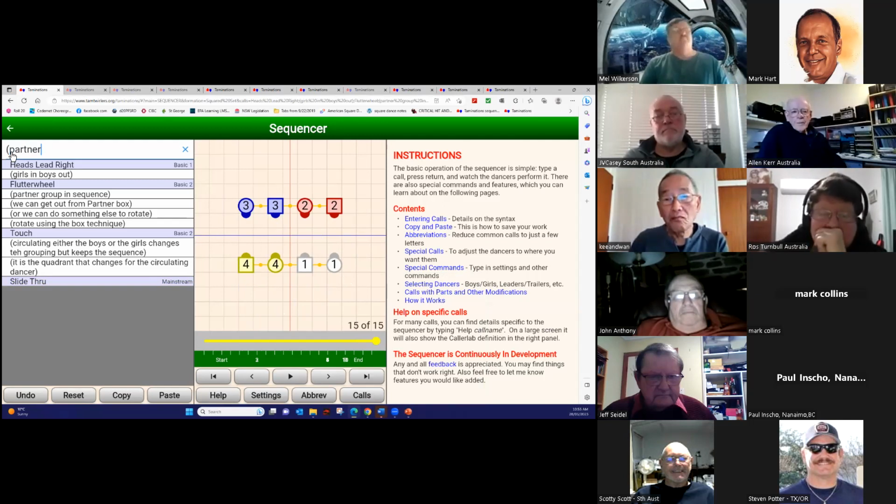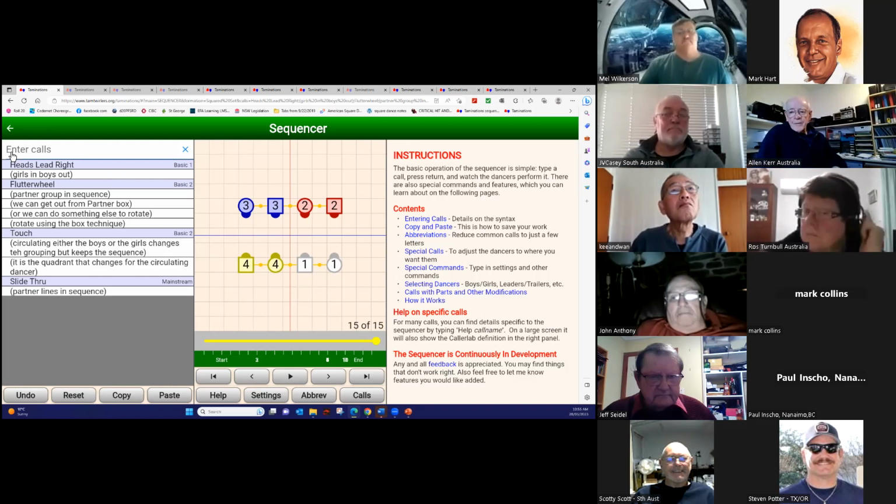Now, if I was to do a partner module here, but don't do it, you could, right? Now all the callers need to know is, how do I go from my partner line back to my partner box, which keeps my sequence, and I can then move them around and do something else. So a right and left through, the quickest is the right and left through and slide through.